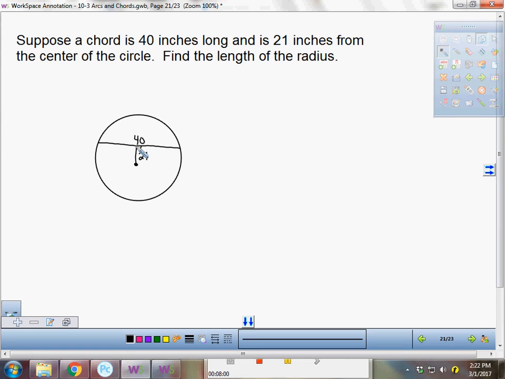That means that this part would be 20 and this part would be 20. And the radius extends from the center to any point on the circle. So now all I need to know is this radius right here, which would also be my hypotenuse. So when finding the hypotenuse, you take the square root of your legs squared and added together. So if I do that, I get 29, and our unit of measure is inches.